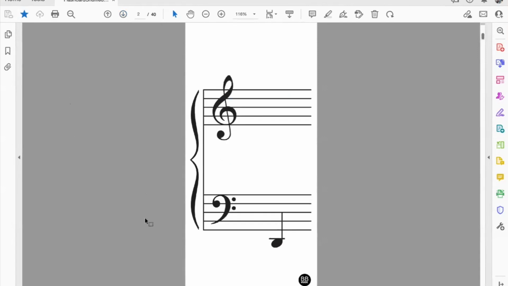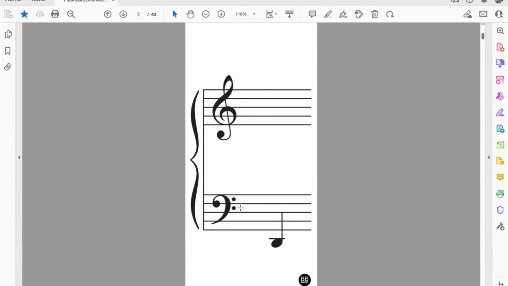So what's our home note here? Oh no. I've been looking at the piano and not the staff. Right. What's my closest home note? What are your options?